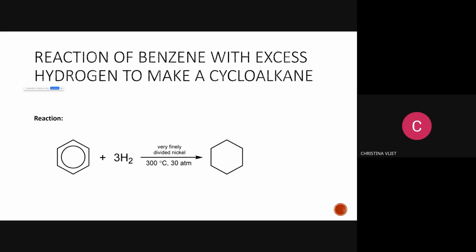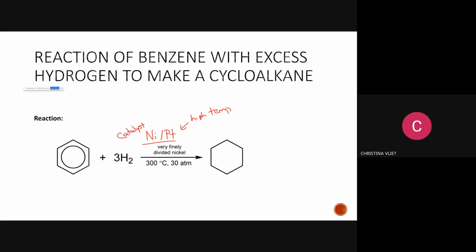Benzene does 1 addition reaction, and this is it. The conditions are H2 with nickel, platinum, and high temperature. You do not have to give a specific temperature or pressure, or say very finely divided nickel. For Cambridge, you just have to say the catalyst and that it's high temperature. This turns your benzene straight into cyclohexane.